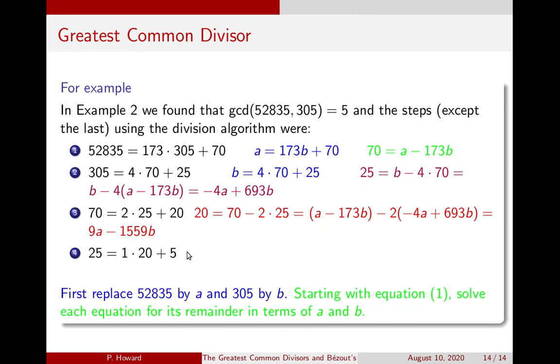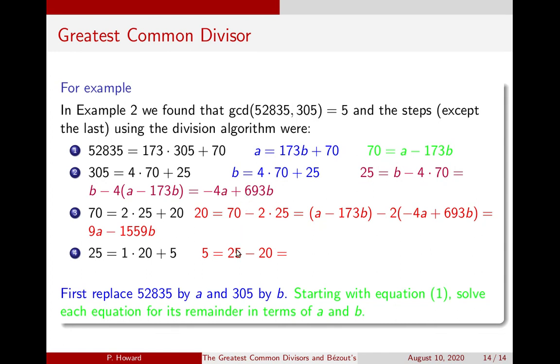And now, on to the fourth equation. We want to write the remainder in terms of a and b. And here, the remainder is the greatest common divisor. So once we've finished writing the remainder from equation 4 in terms of a and b, we will be done. So subtract 20 from both sides. Using the result of equation 2, 25 is minus 4a plus 693b.